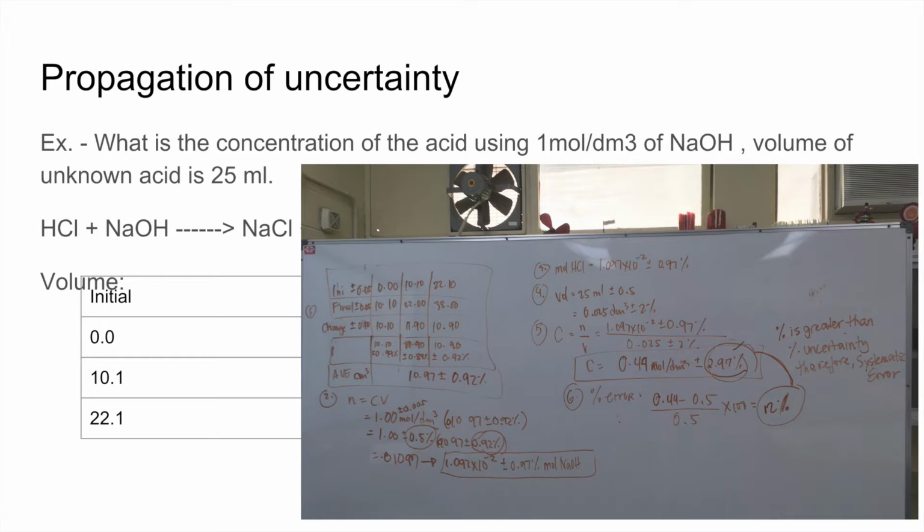Okay. So step 5, let's calculate for the concentration. You have the mole, you have the volume. Mole over volume. Your mole is 1.097 times 10 to the negative 2 plus minus 0.97%. Your volume is 0.025 plus minus 2%.